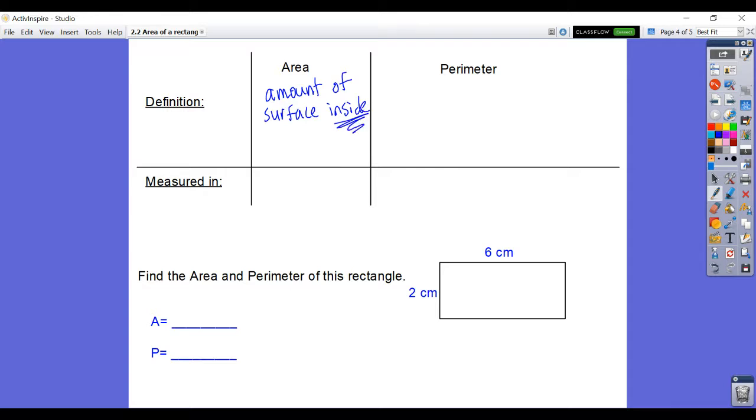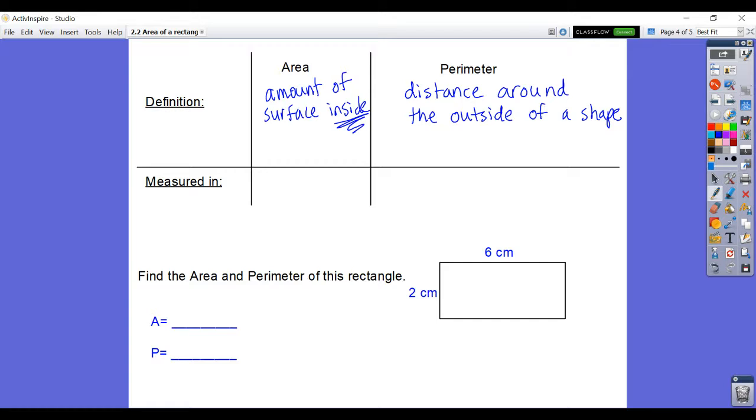Area is inside. Whereas we learned before that perimeter is the distance around the outside of a shape. In our case, we've been using rectangles for both.